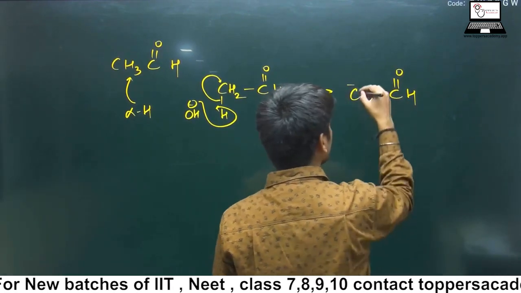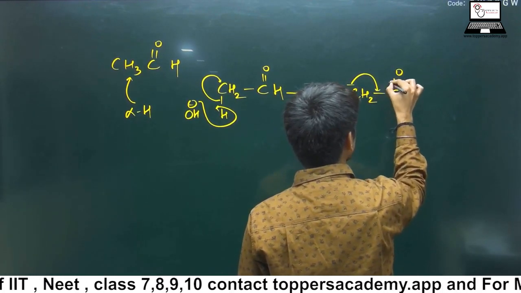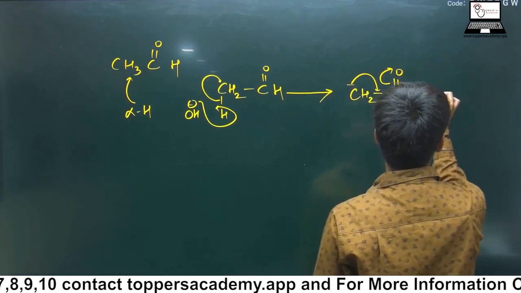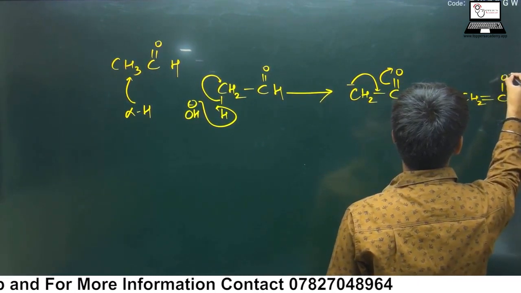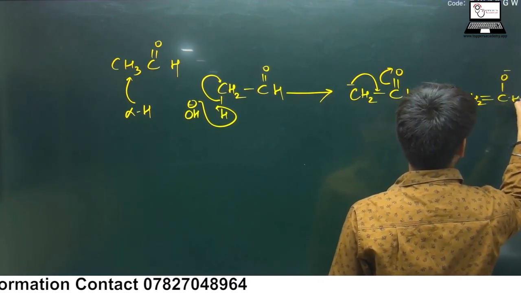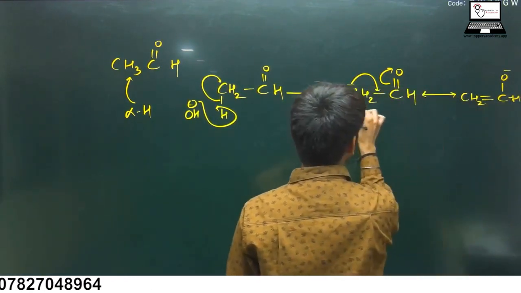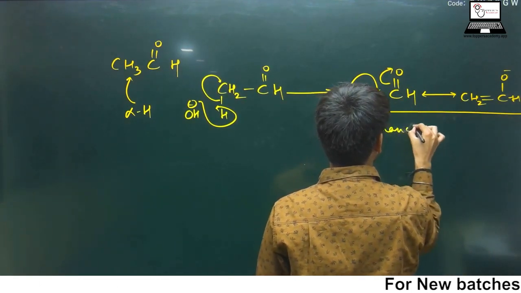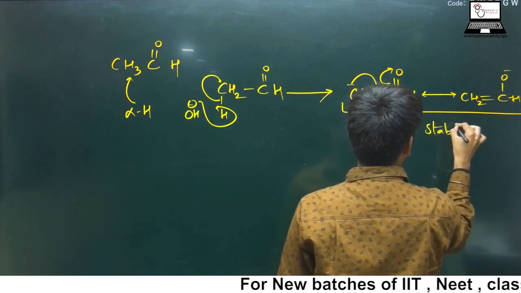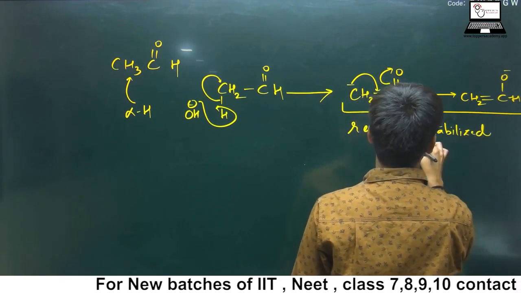Now this carbonyl, if you see carefully, this is resonance stabilized. And this is an enolate ion. So this is basically your resonance stabilized anion.